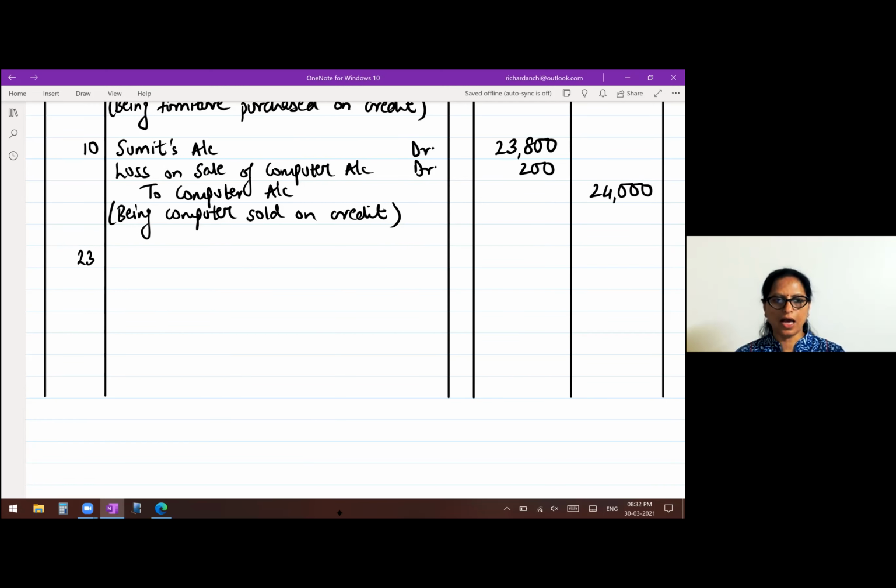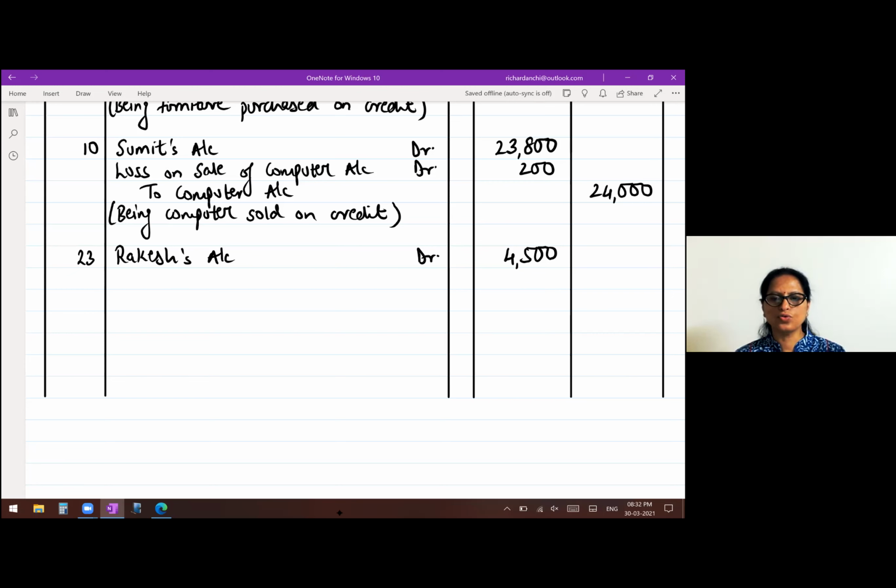So write Rakesh's account debit. So you're selling it to him for 4,500. But the book value of the furniture was 4,800. You have sold it to him for 4,500. So the difference that is there, 300, is a loss on sale.